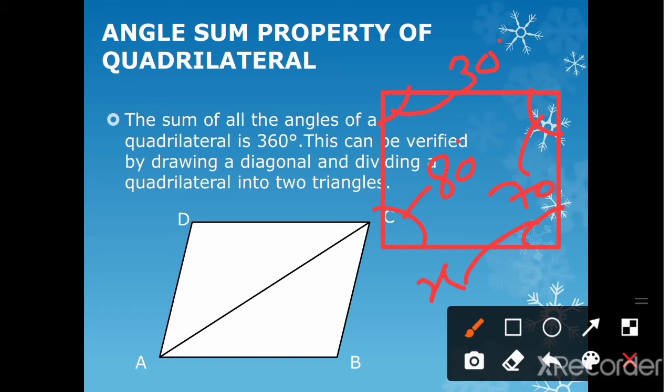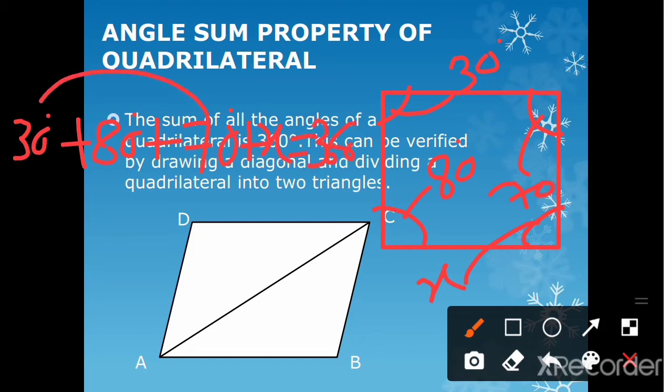This question is based on the angle sum property, and you can calculate it easily using the property of a quadrilateral. The sum of all interior angles of a quadrilateral is 360. So 30 degrees plus 80 degrees plus 70 degrees plus x is equal to 360 degrees.